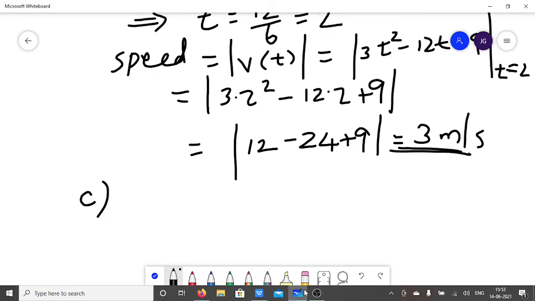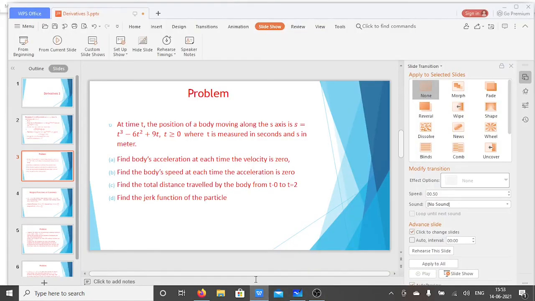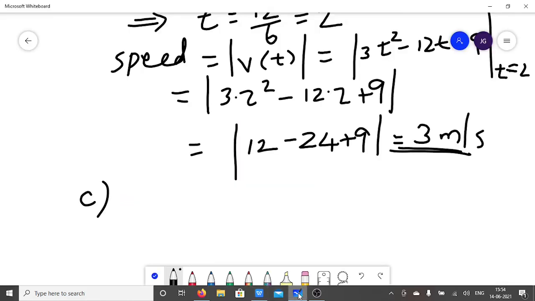Now we have the third part, C. Find the total distance traveled by the body from t equal to 0 to t equal to 2. Here we have to identify whether there is any change in direction of movement.